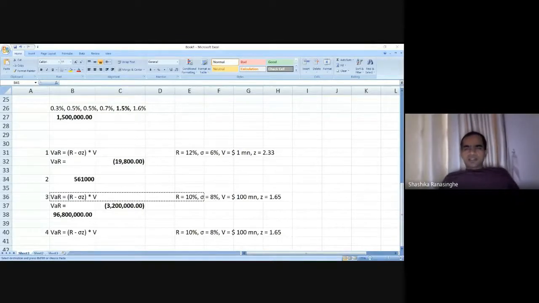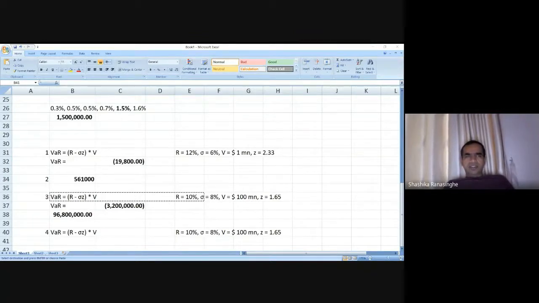Portfolio has an expected return of $20,000. So the percentage return times portfolio size is $20,000. Standard deviation is $45,000, which is standard deviation times portfolio size.